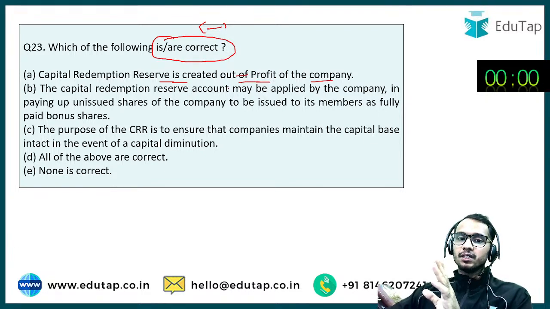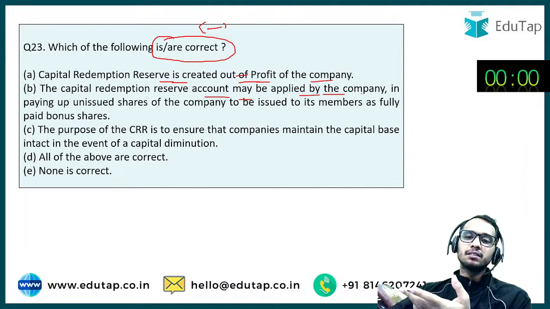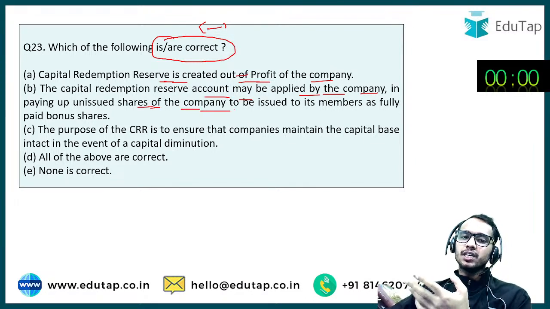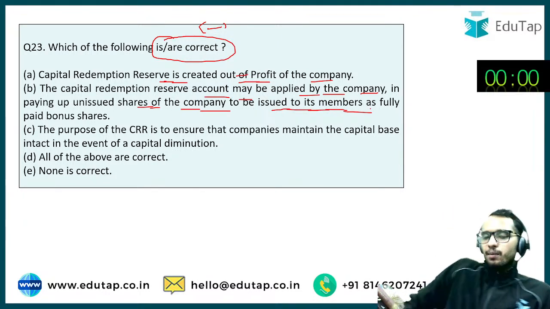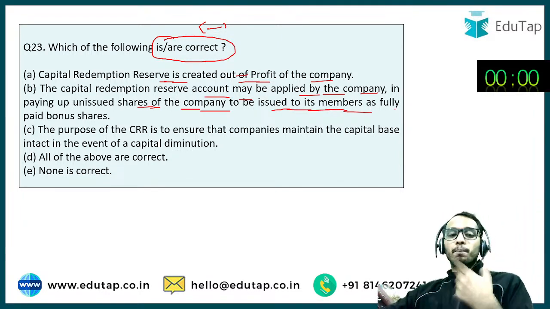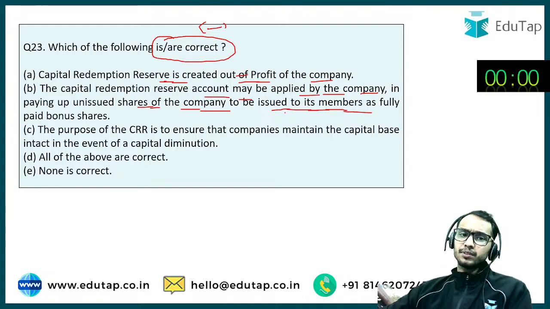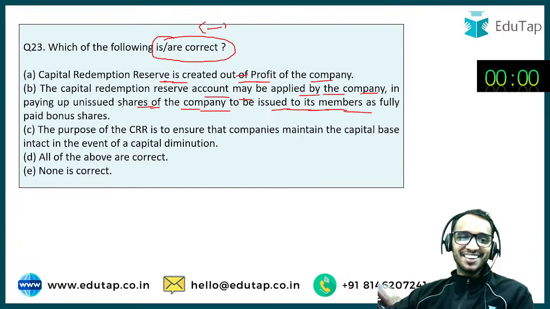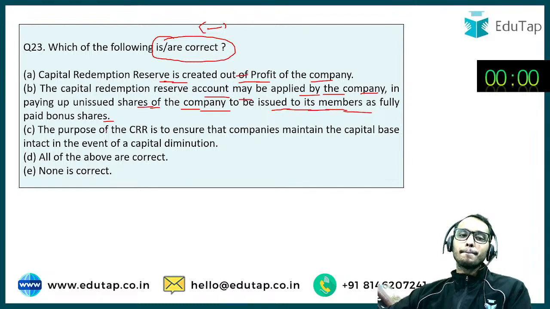Capital redemption reserve account may be applied by the company in paying up unissued shares of the company to be issued to its members as fully paid up bonus shares. Okay, so it is basically saying that for bonus shares, can capital redemption reserve be used? I guess yes. We have discussed that, but I'm not going to tell you that. Okay, C option.